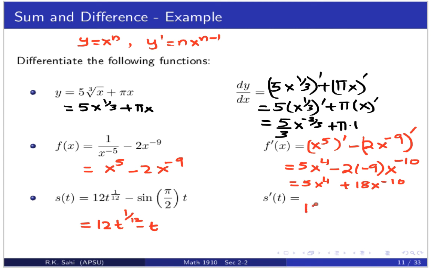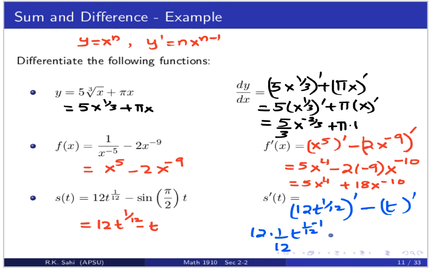So what's the differential, s prime of t? Okay, I'm going to use a different color pen here. This is going to be 12 times t to the power 1 over 12 differential minus t differential. So this is basically 12 times, remember 12 is a constant, you basically pull it out, then you apply the differential of t to the power 1/12: 1/12 times t to the power 1/12 minus 1, and negative t.